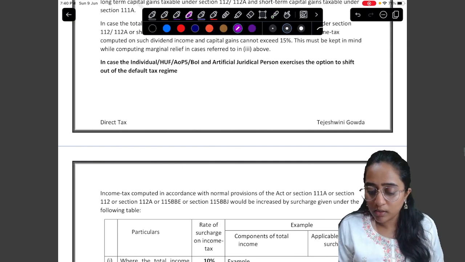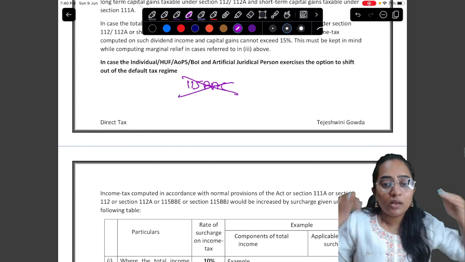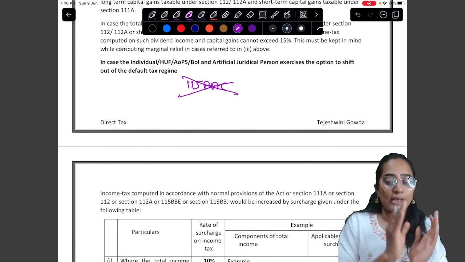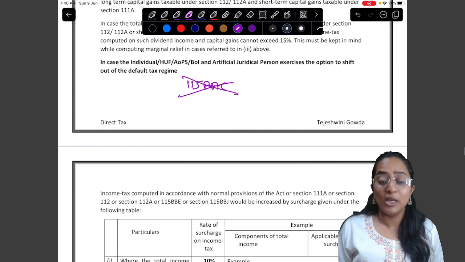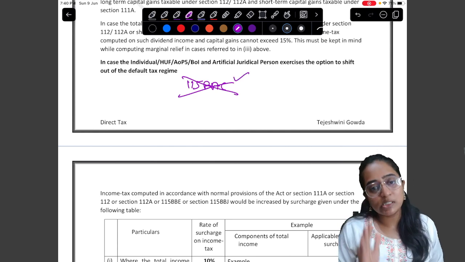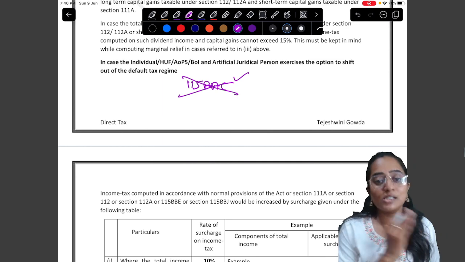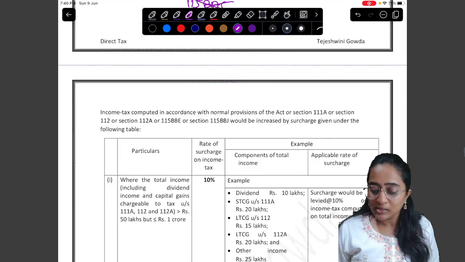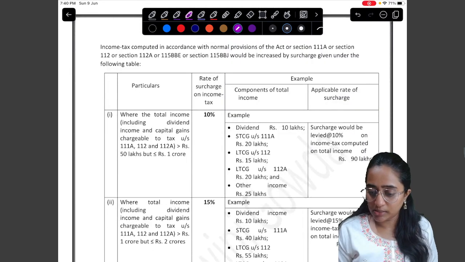You're not opting for 115BAC is what it means. In your question paper, in 100 places you will see shifting out of the default tax regime. It means that person is not opting for 115BAC. Simple, everyone.